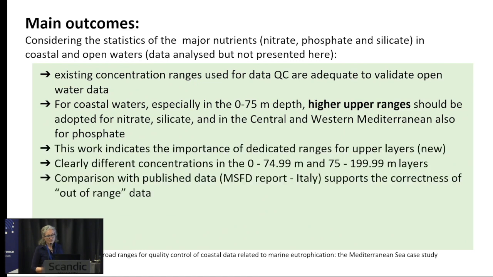And this work also indicates the importance of introducing an additional upper layer, because the concentrations in the upper 0.75 are much larger and the variability is much larger than the underlying layers.